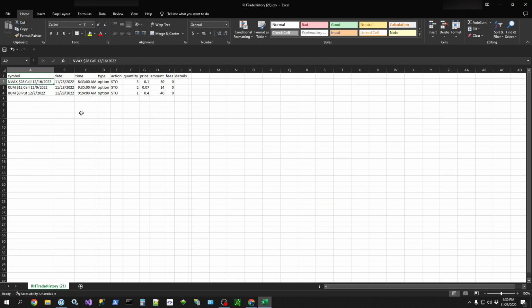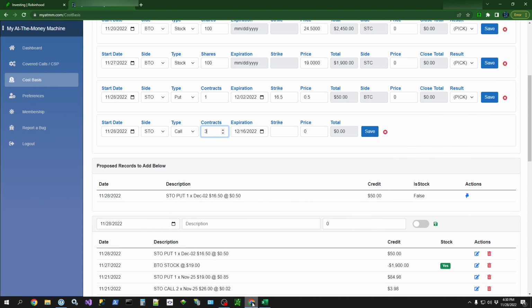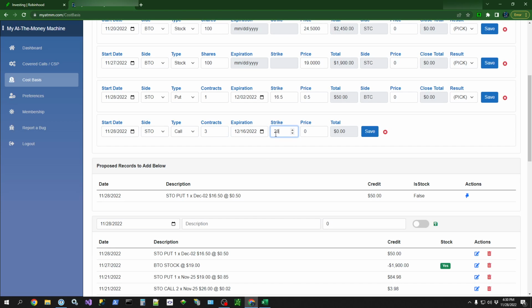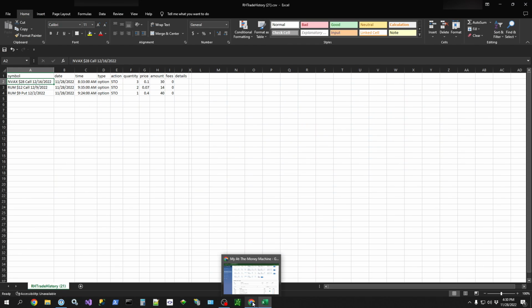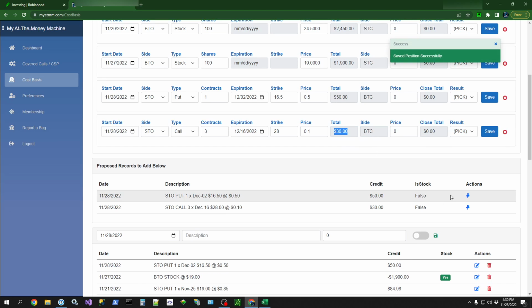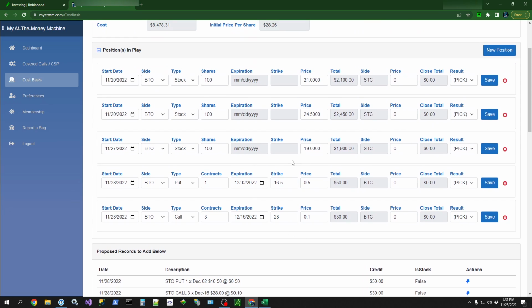The strike price was $28 and it was a dime apiece. Just double-checking my numbers here. Yep, we got 30 for that. So move the 30 down, save. So that's all the positions retained on that one.